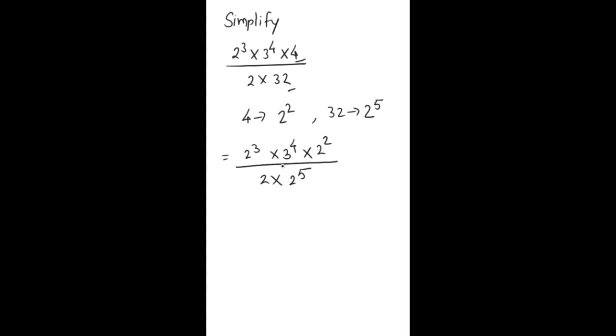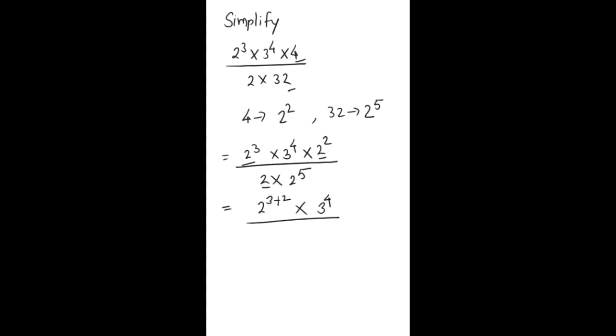Now why we have done this is, now we can directly add or subtract the powers as we are having common bases. So applying the product rule, the power of product rule, we will directly take these two bases and they are having powers 3 and 2, so we will add it, 3 plus 2, and 3 is a different base, so we cannot add it. 3 power 4 we will leave as it is.